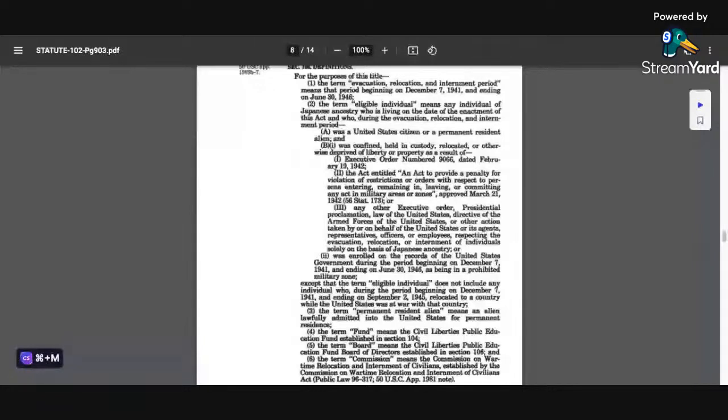as a result of 1. Executive Order numbered 9066, dated February 19, 1942. 2. The act entitled An Act to Provide a Penalty for Violation of Restrictions or Orders with Respect to Persons Entering, Remaining in, Leaving, or Committing any act in military areas or zones approved March 21st, 1942.